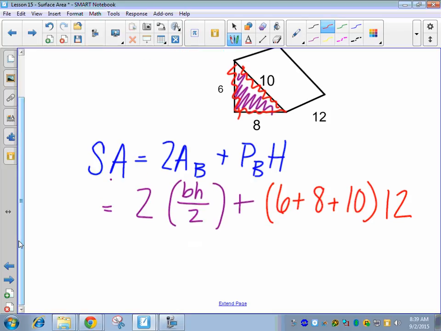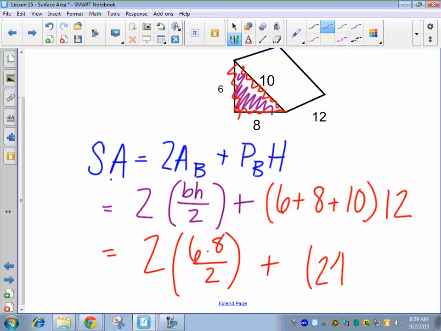Okay, so if I want to plug in these pieces for the area of the base, we're going to do 2 times the base times the height of the triangle, which is 6 times 8, divided by 2. And then we're going to have plus 6 plus 8 plus 10 gives me 24, I believe. Right?